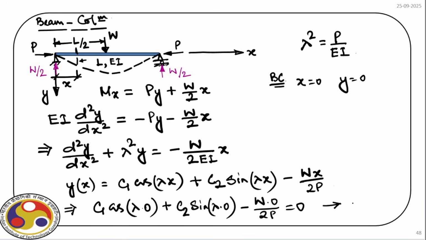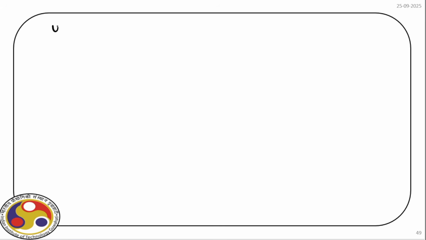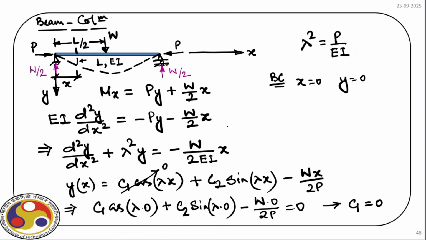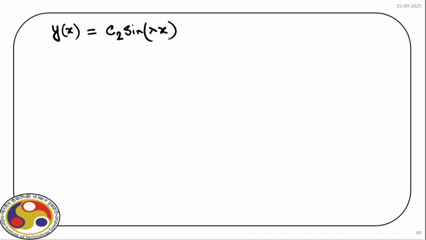Obviously, the outcome is C1 is equal to 0. Therefore, this term vanishes. So we have y of x is equal to C2 sine lambda x minus Wx by twice P.